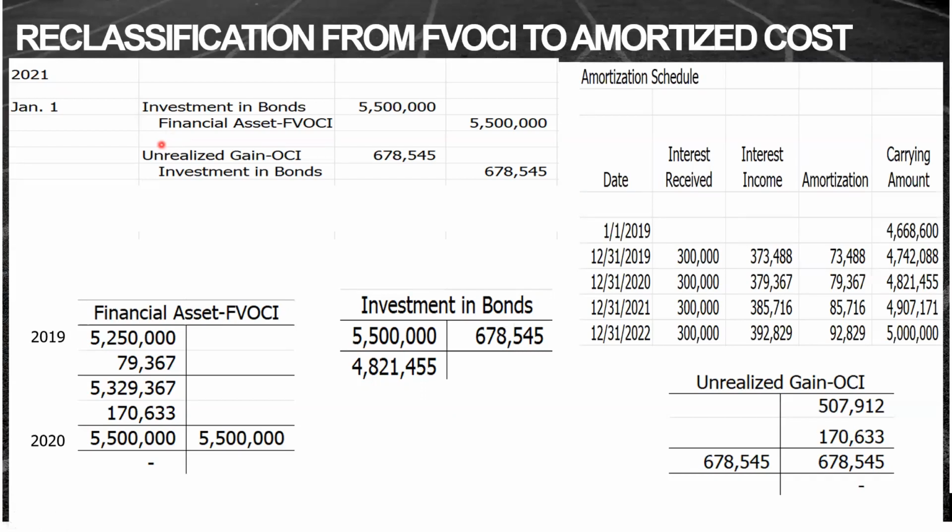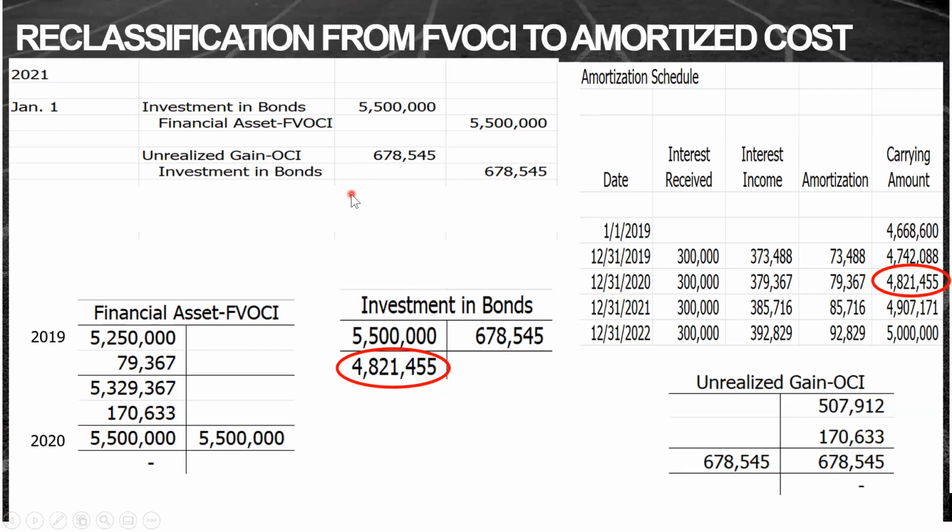So kung titingnan natin ang ating amortization schedule, yung December 31, 2020 natin, prior to the reclassification date, ito yung carrying amount per amortization schedule. So that amount, take note, reconciles with our records now, which is 4,821,455. Okay? So na-revert na yung ating financial asset into amortized cost.